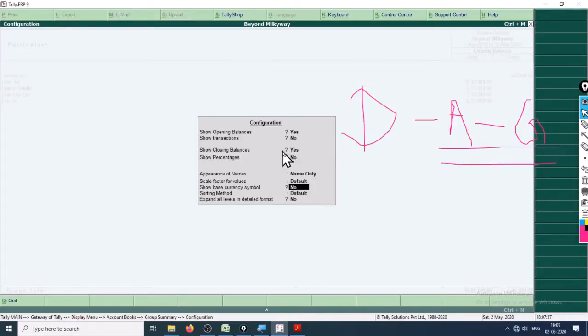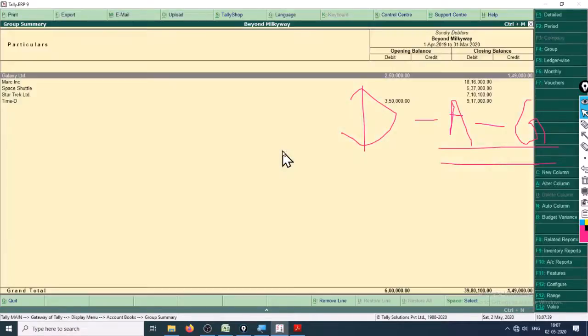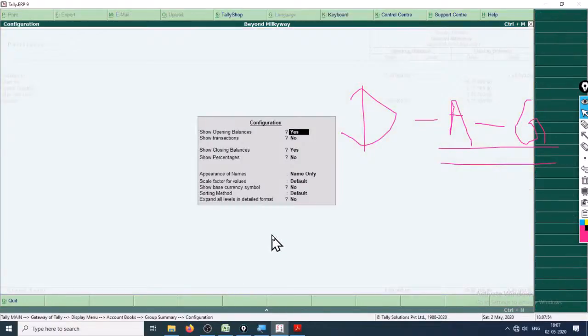If you want to see the transactions, then also you can see them. So the opening is 6 lakh and the closing is how much? Why is Tally not showing us truly?